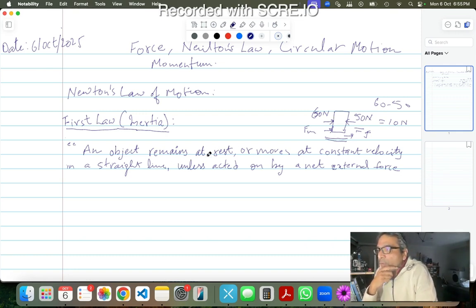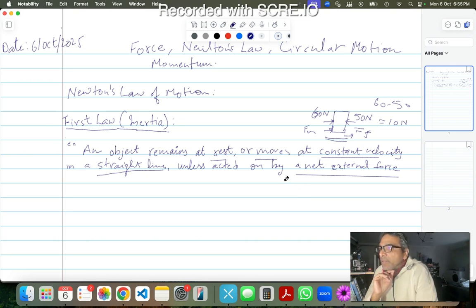Okay, now we know these things. We can remember: remains at rest or moves. Now there are three or four keywords that you have to remember. One is constant velocity, then in a straight line, and the third one is net external force.